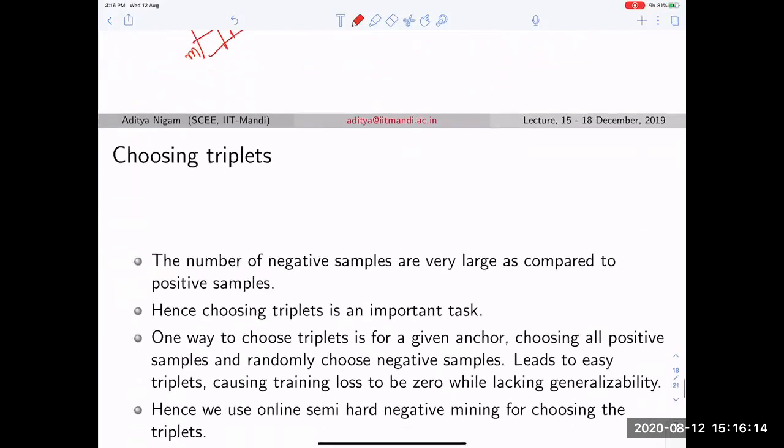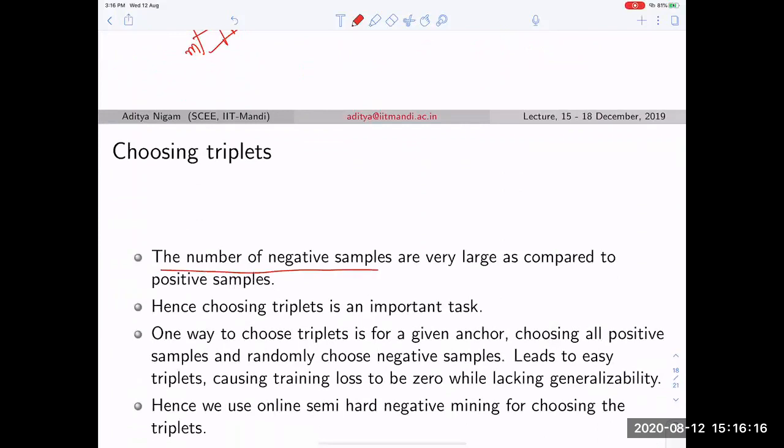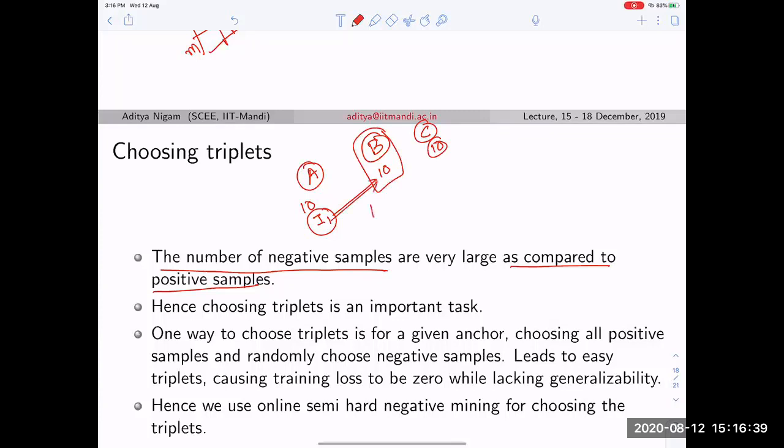The first thing is that there are going to be a huge number of negative samples as compared to positive samples. You can see that I have person A, person B, and person C. If I have 10 images each and I take I1 over here, then using only this guy's 10 images, how many negative pairs can I make? 10.